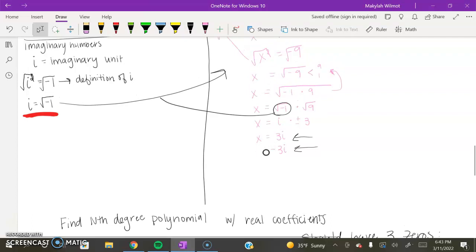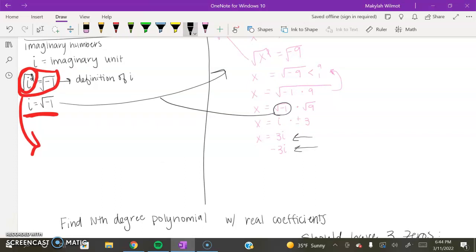So we also know right here that i squared, I messed it up whenever we did it, so we're going to take this and rewrite it down here. i squared equals negative 1.